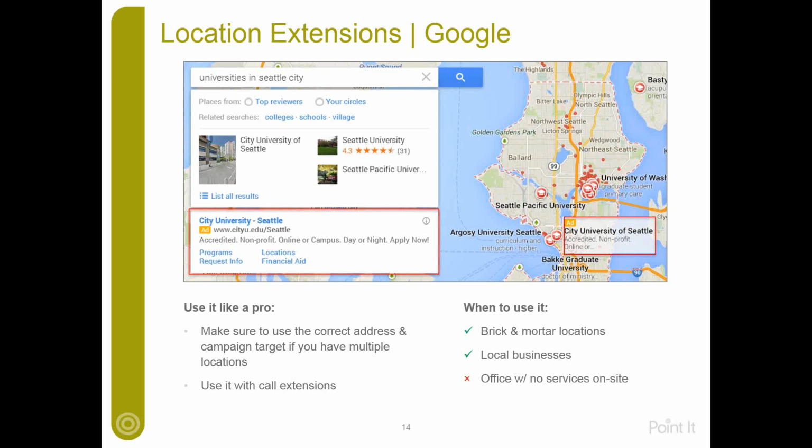This can get extremely sophisticated if your business has multiple locations in close quarters, so campaign targets will need to be very tight, with settings set to target only users searching within your location and avoiding any overlap in campaign location targets. We'll show you a real-life example of advertisers who did this correctly and incorrectly later in the presentation. Secondly, this extension can be used alongside call extensions, which is an ideal combination for brick-and-mortar businesses.